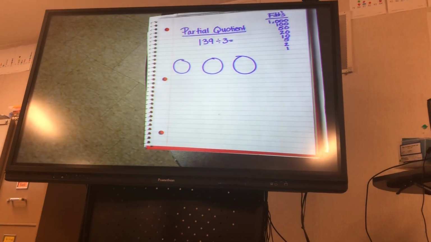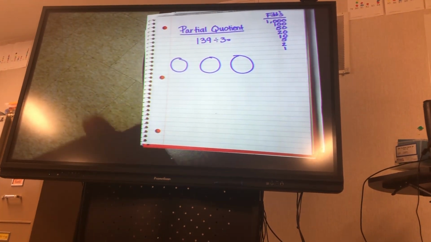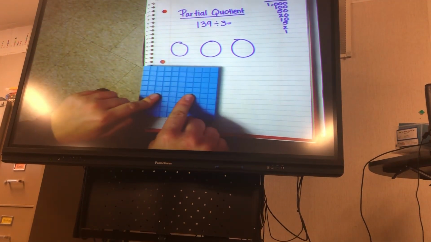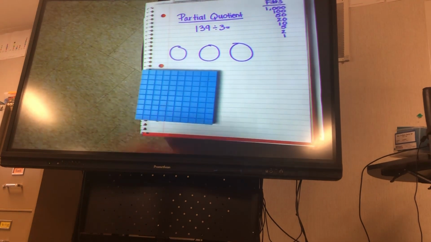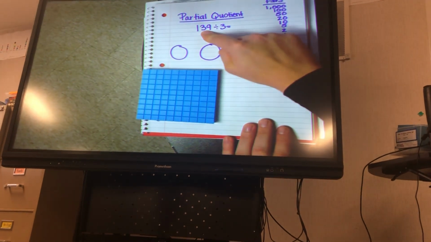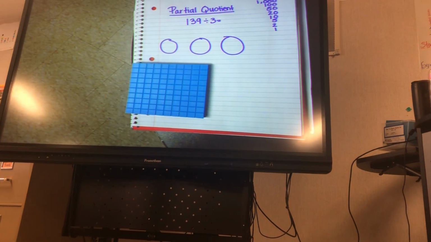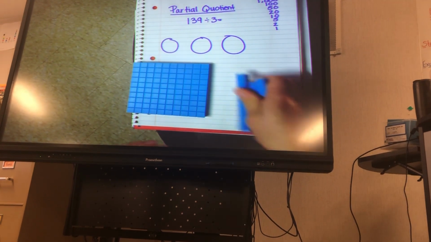If I have 139, I know that I can get one big chocolate square. We've been calling these chocolate squares. That shows 100 individual pieces. How many chocolate bars am I going to need, Kiara? 3. 30. Good, to represent the 30.